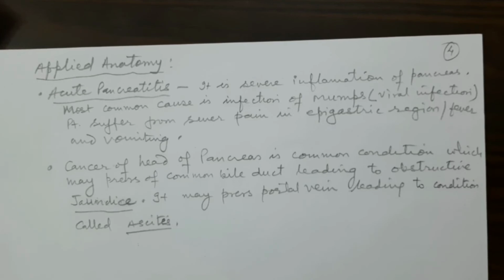So what will happen because of the obstruction of the portal vein is that the blood coming from the intestine after the absorption of food, water, etc. from the small intestine and part of the large intestine, the venous drainage will be interfered with, and the blood will not pass to the liver and then to the inferior vena cava.